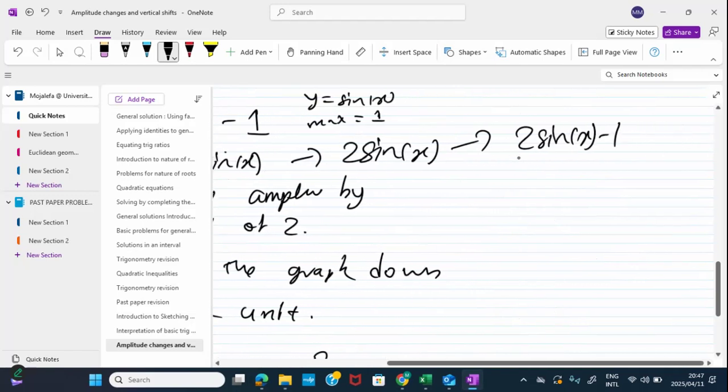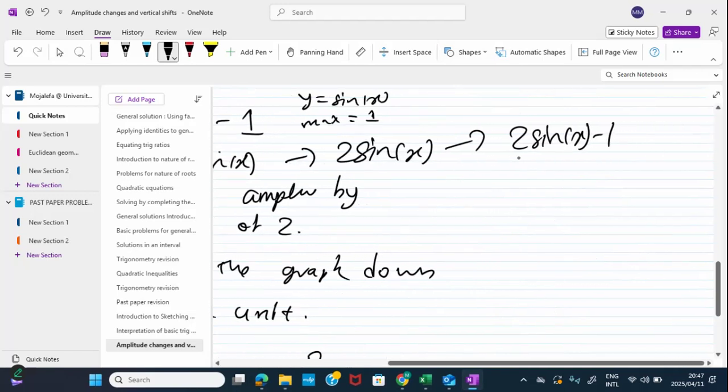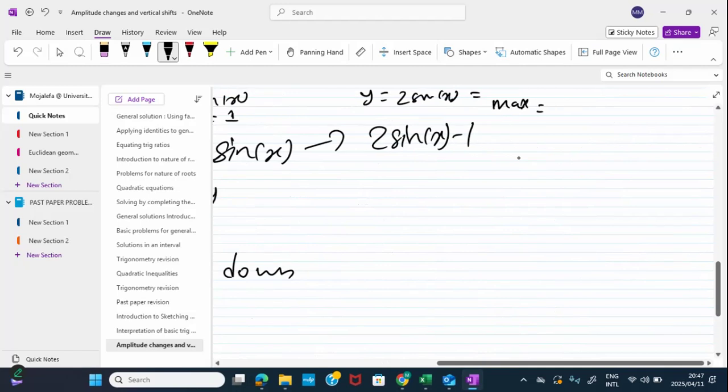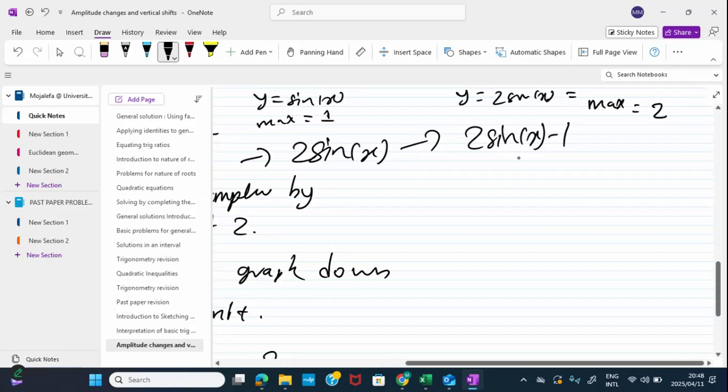Now if in case I have y is equal to 2 sine x, what will be the maximum of it? It's 2. Now I get the graph of y is equal to 2 sine x. Now I say minus 1. What is gonna be the maximum?